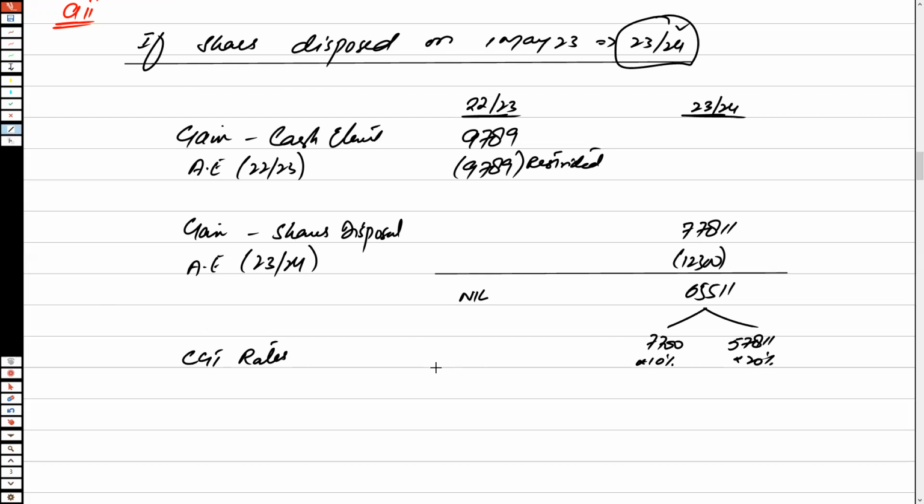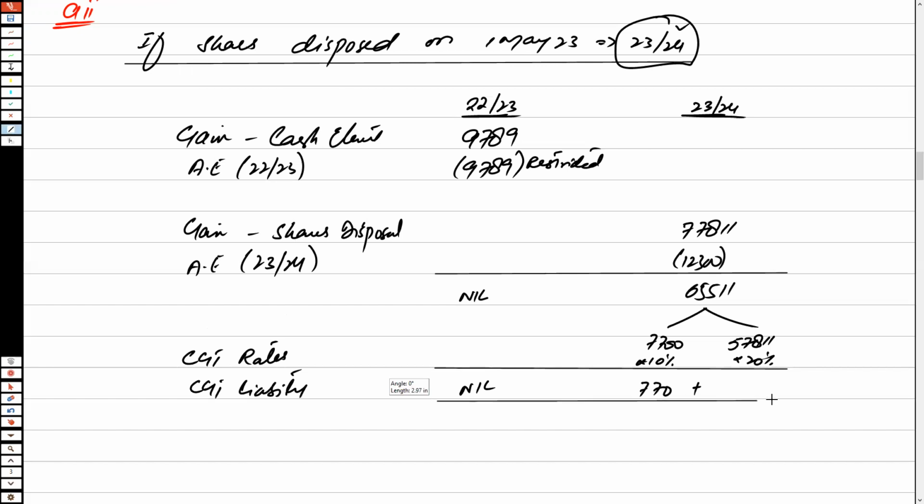So finally, a revised capital gain tax liability is being calculated. The capital gain tax liability for the first year, as also highlighted by Faisal, is nil, and for the second year it is 770 plus. For the second year, 22-23, can you please tell me 57811 into 20%?